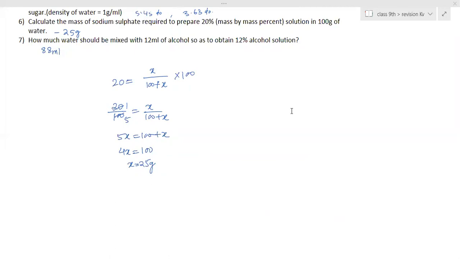Solute and solvent. And in colloids? Dispersed phase and dispersing medium. Yes, dispersed phase and dispersing medium.